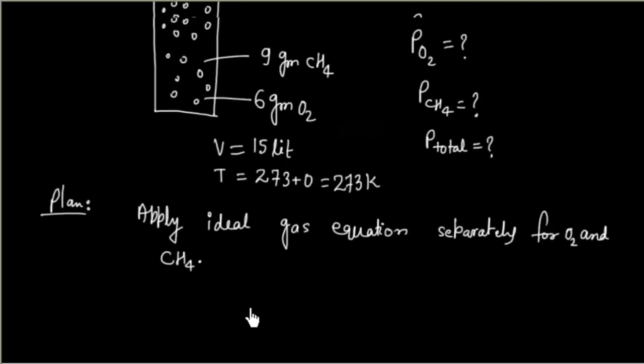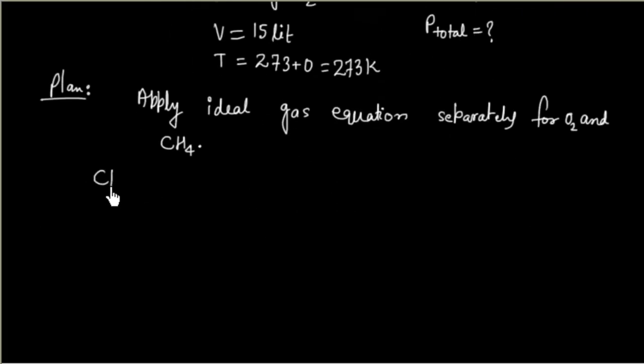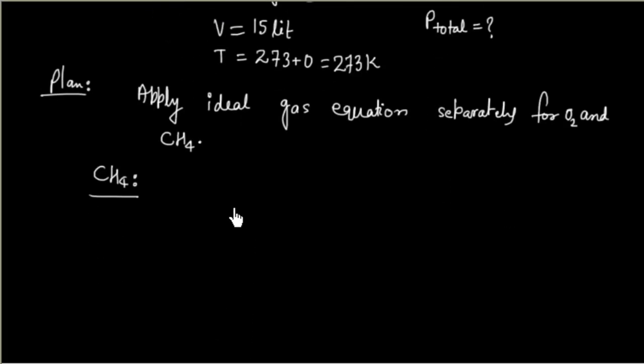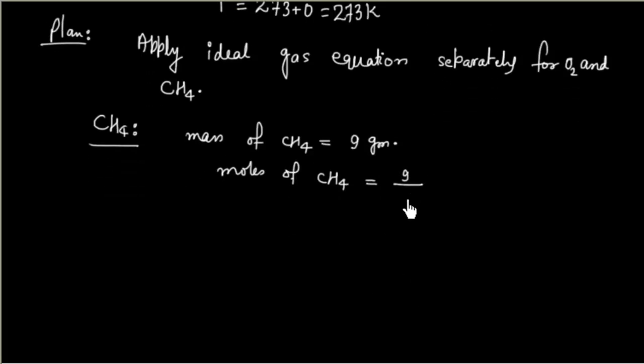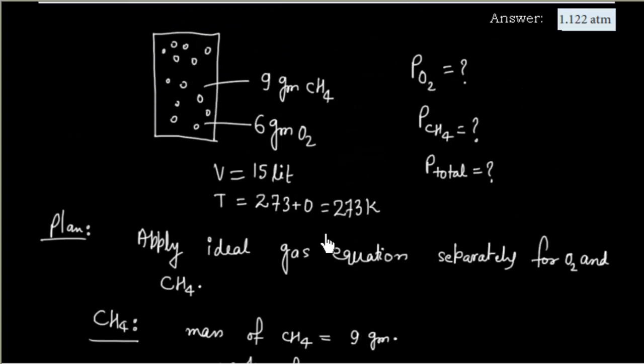So let us say first for methane. We have been given mass of methane is 9 gram. So we can calculate mole from here. So moles of methane, that is weight by molecular weight, and molecular weight is 16, and the volume is 15 liters.